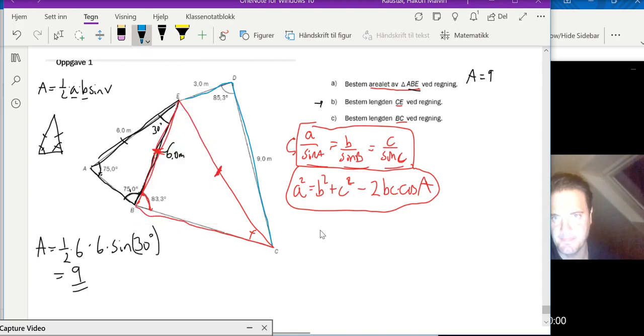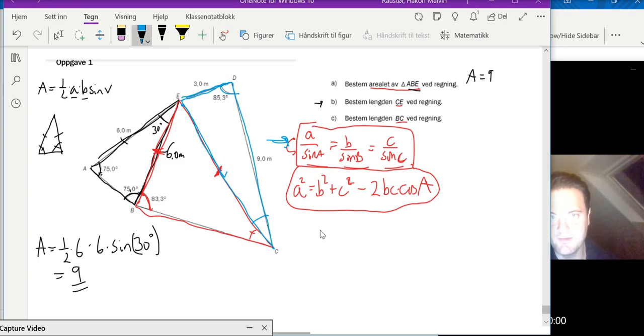And here we'll know a bit more, right? So we know the angle here, the opposite angle of this side. So we may think we can use the sine rule, but if you want to use the sine rule, we always have to know one side and the opposite angle, and we don't know this.